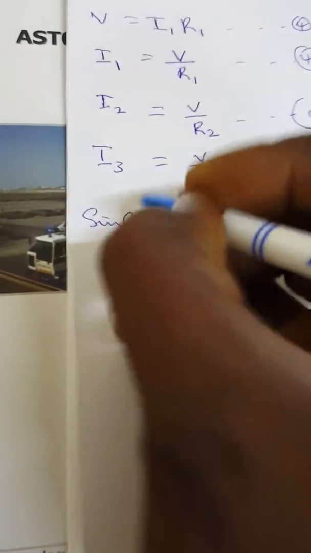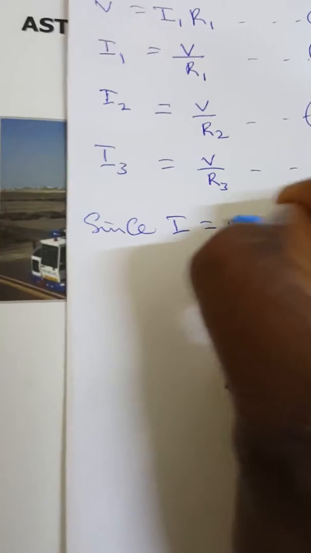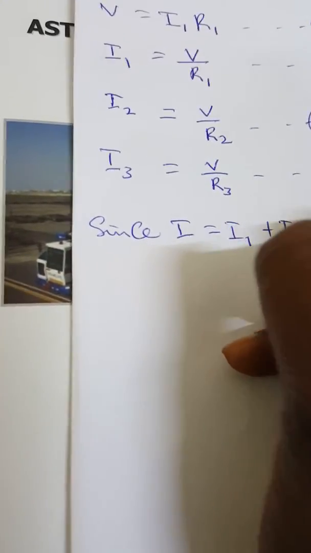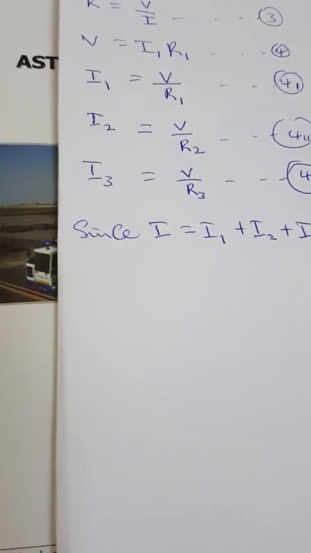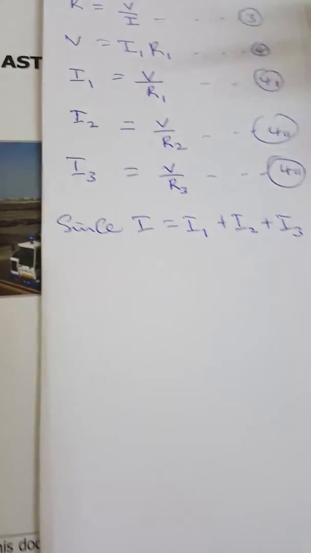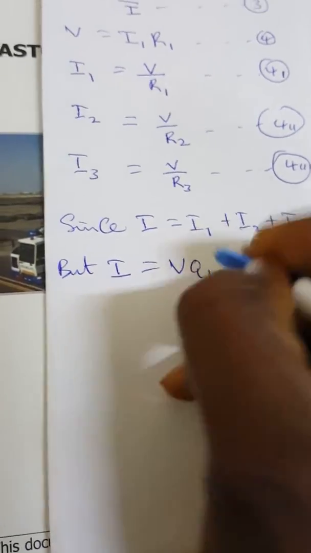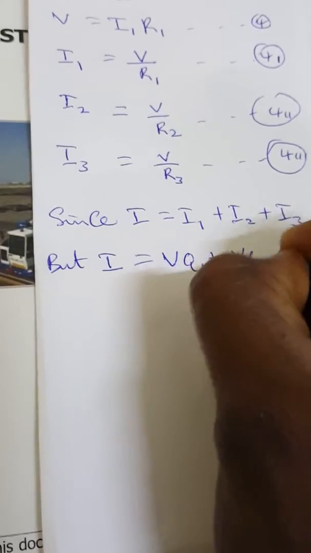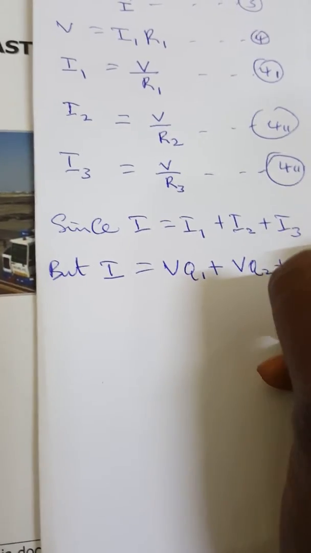Okay, since I is equal to I1 plus I2 plus I3, this is the total I, the total current. But remember that I is equal to VG1 plus VG2 plus VG3.